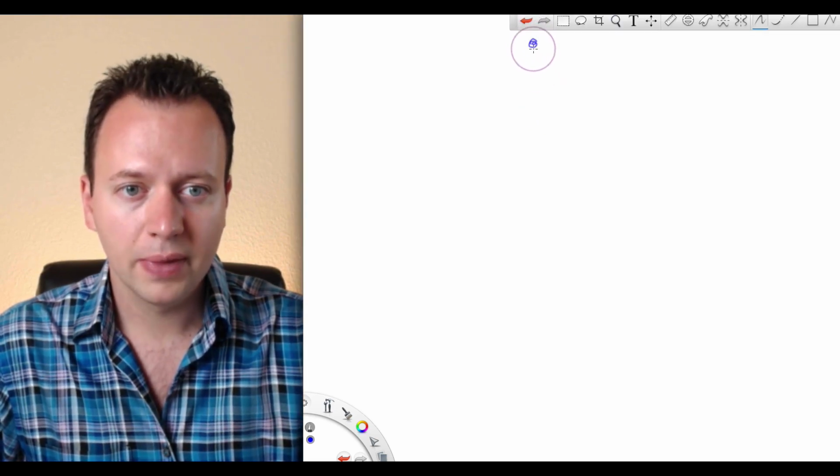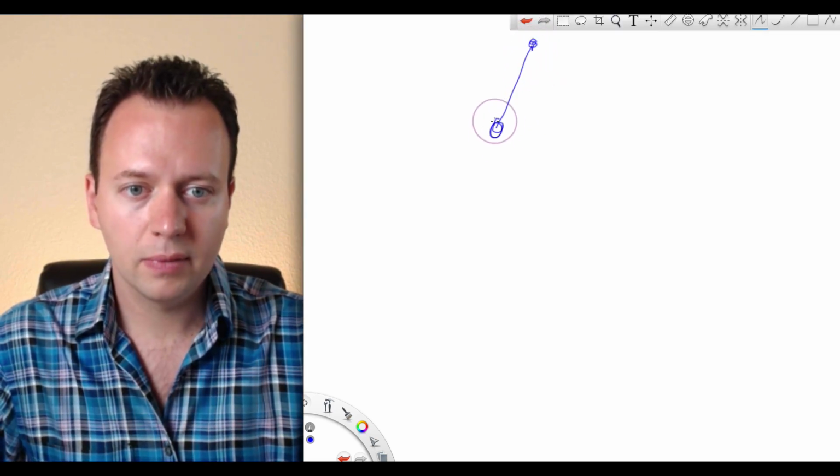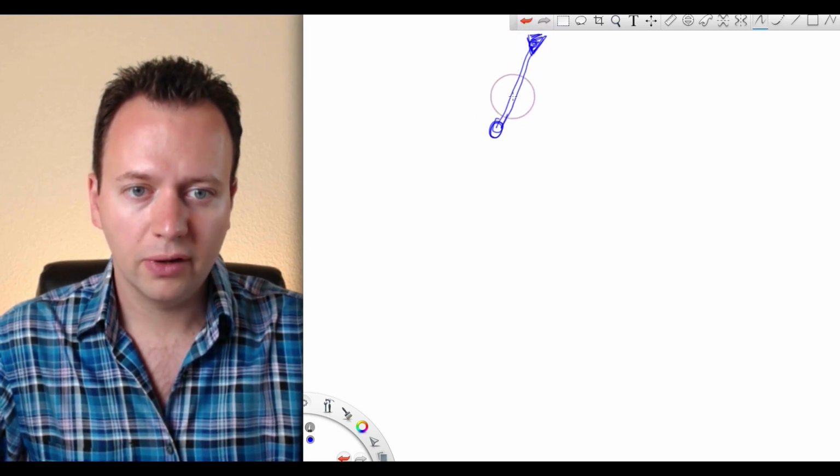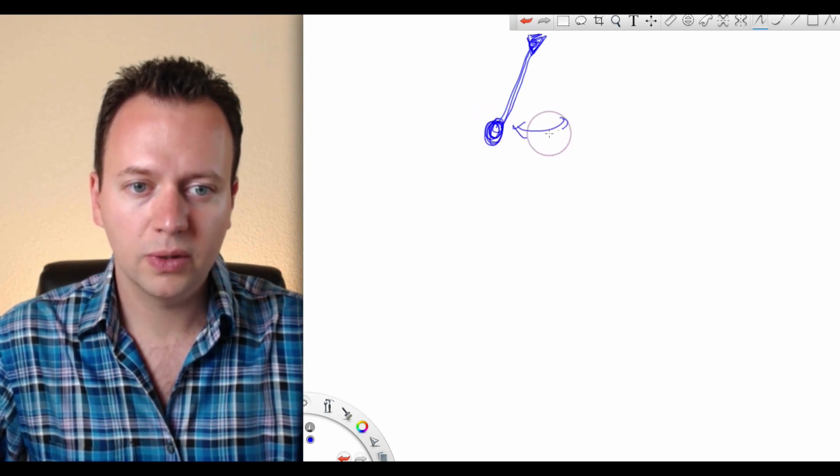So for example, if you have a pendulum like this, with some sort of fixed point up here and a rod with a mass down here, this pendulum swings back and forth.